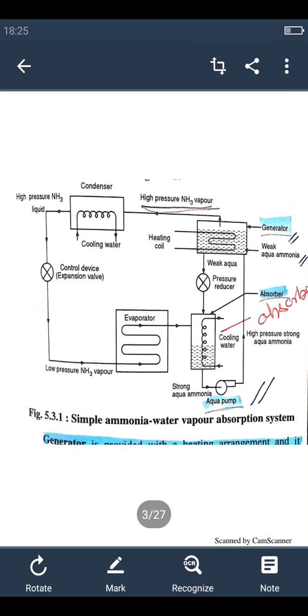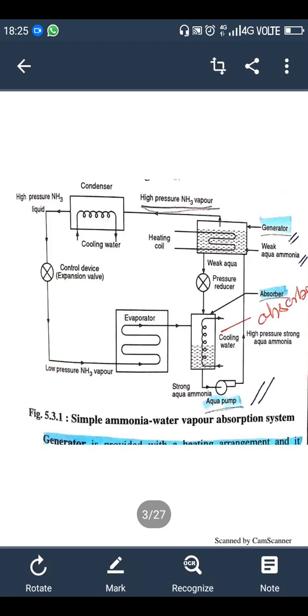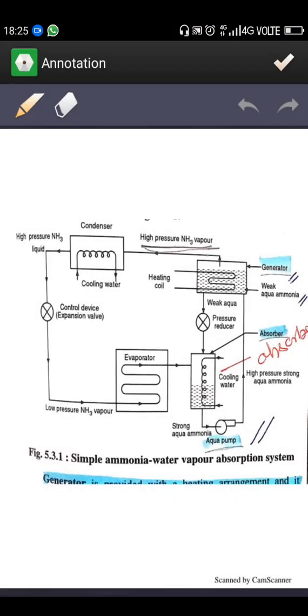Just look on it. We are starting here from this strong aqua ammonia solution. The strong aqua ammonia solution from this absorber has its pressure raised by the pump to the generator pressure.